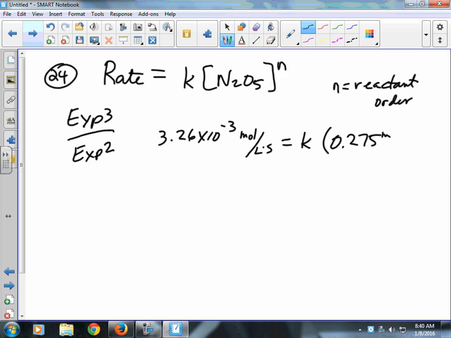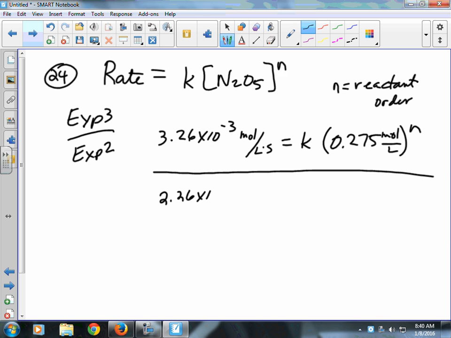Experiment 2, 2.26 times 10 to the negative third moles per liter second equals k times 0.190 moles per liter to the n order.